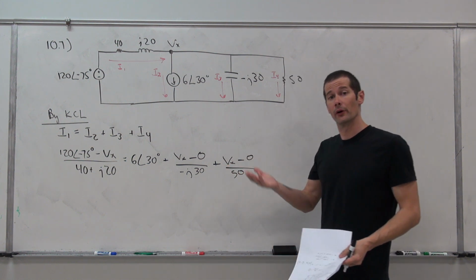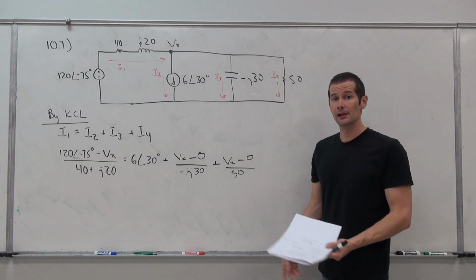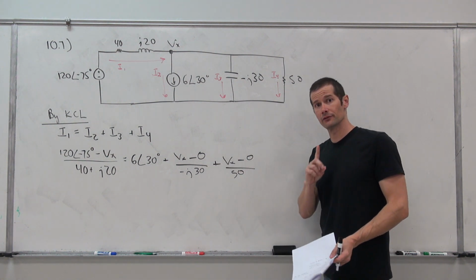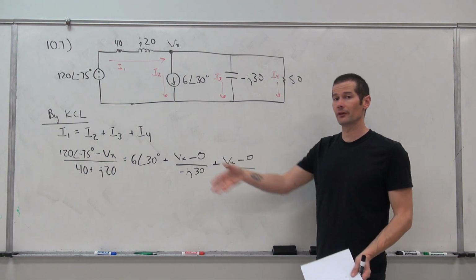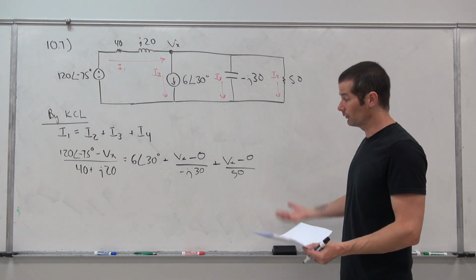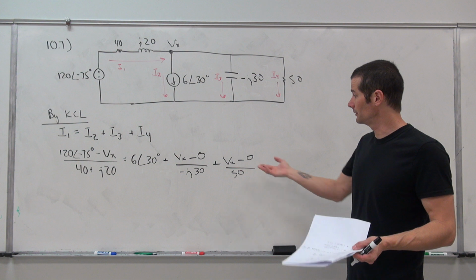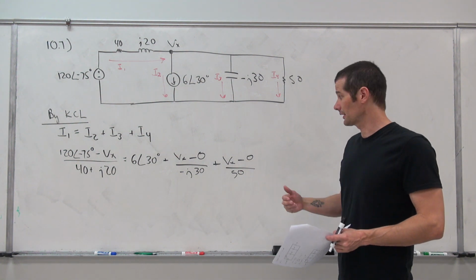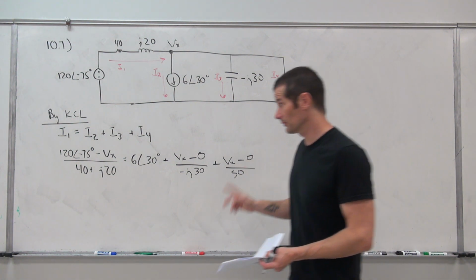So here we have one equation, one unknown. All we have to do is break this out in terms of all of Vx and then move everything over to the other side. And when we do that, we can manipulate the equation and come out with our calculation of Vx, which is our solution.